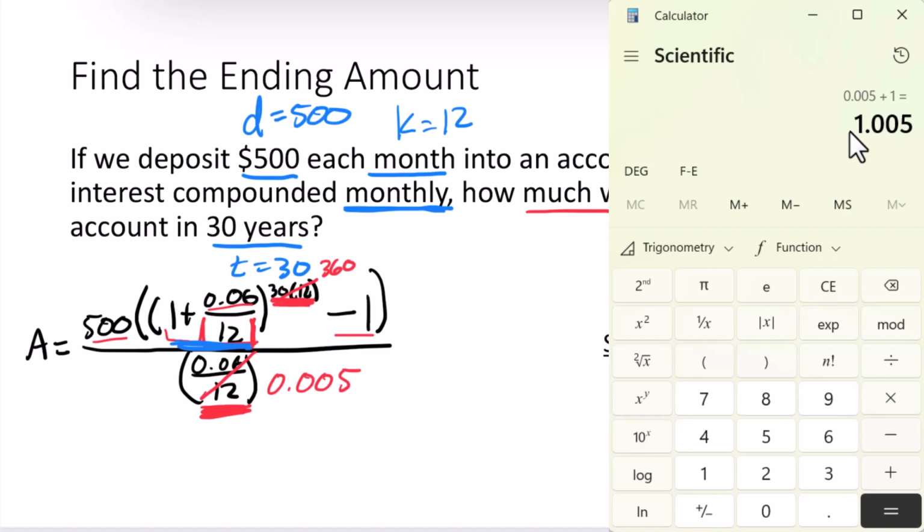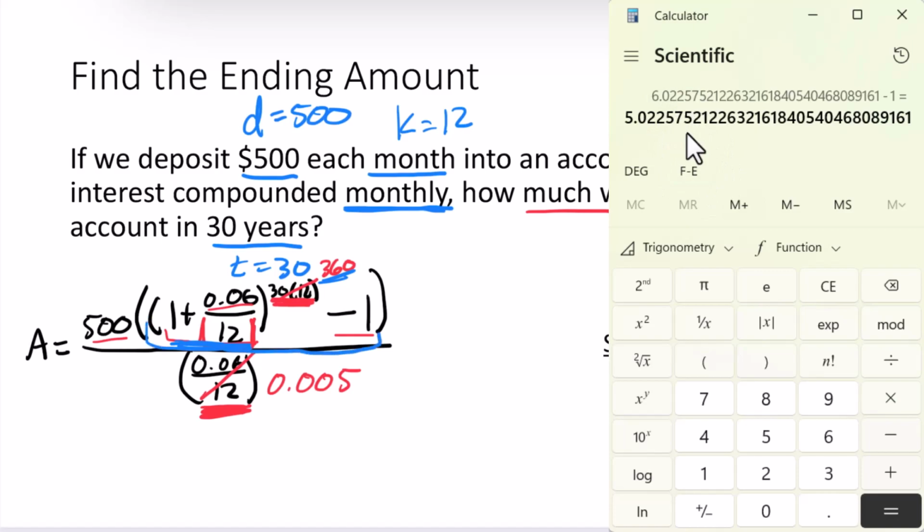Then I'm going to raise it to an exponent of 360, because I figured out earlier that 3 times 12 is 360. And that gives me this decimal here. Then I need to subtract 1 from this decimal, and that gives me this number here. So this number I have right now is all of this stuff.